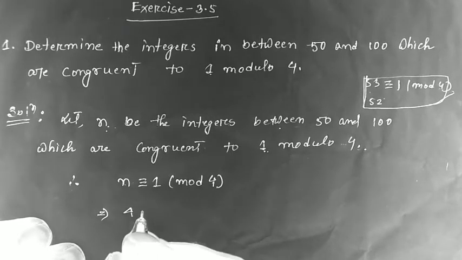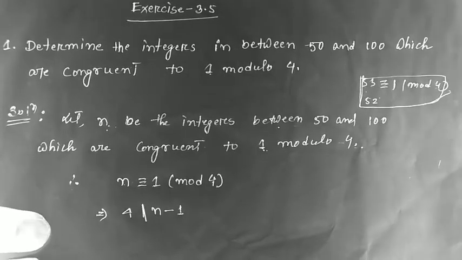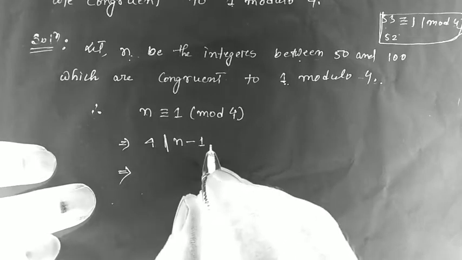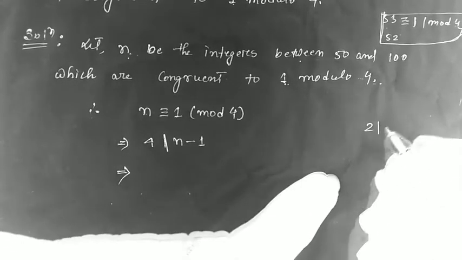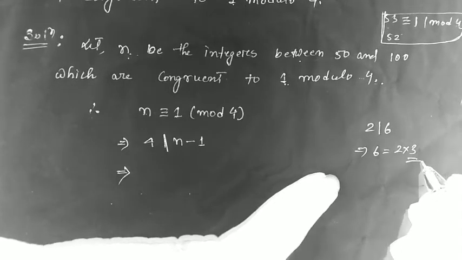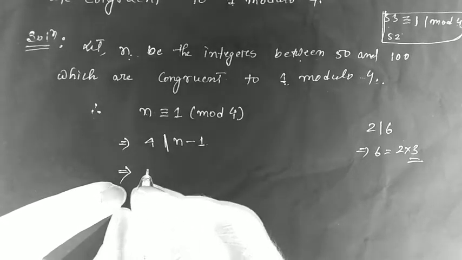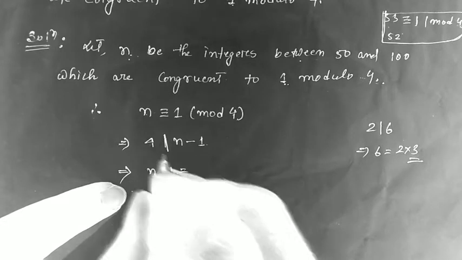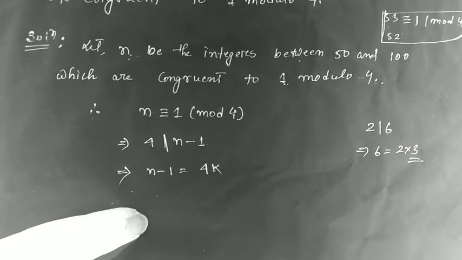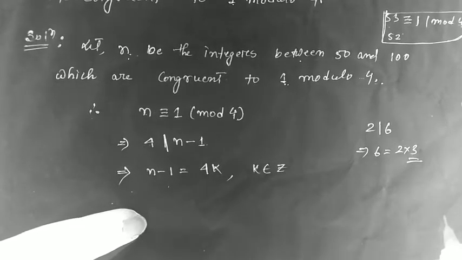If 4 divides n minus 1, then just as if 2 divides 6 we can write 6 equals 2 into 3, some integer, n minus 1 will be equal to 4 into some integer. Suppose that integer is k, where k belongs to Z.